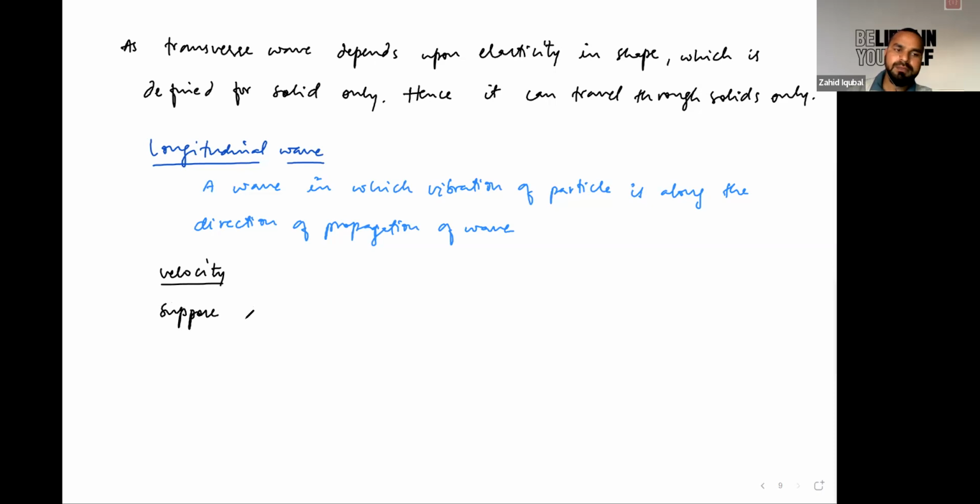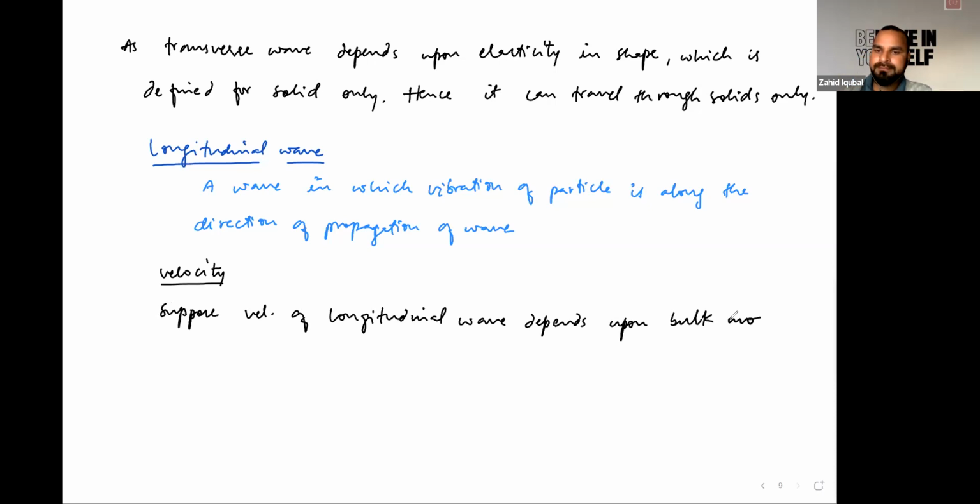Suppose velocity of longitudinal wave depends upon bulk modulus, beta, and volumetric mass density, rho.